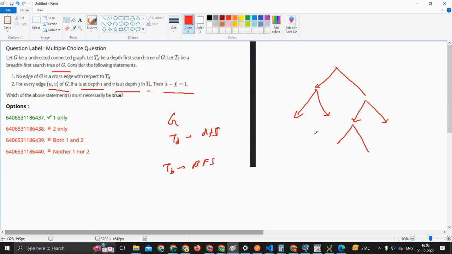If there is an edge connecting two subtrees, then that will be considered a cross edge, I guess.